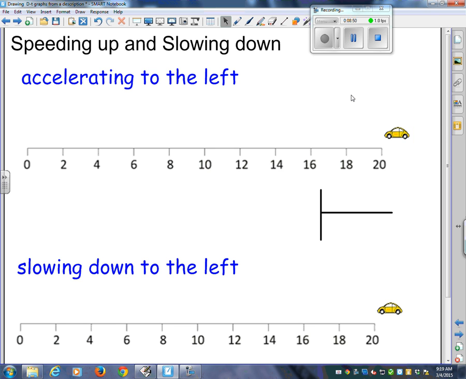Okay, so accelerating to the left would mean that it's getting further apart, exactly. So I'll draw my car here. Yeah, that is a bad car. You can tell why I'm not teaching art class.